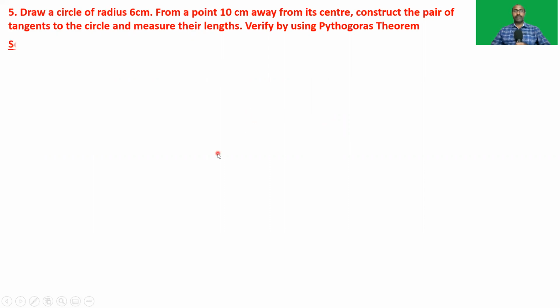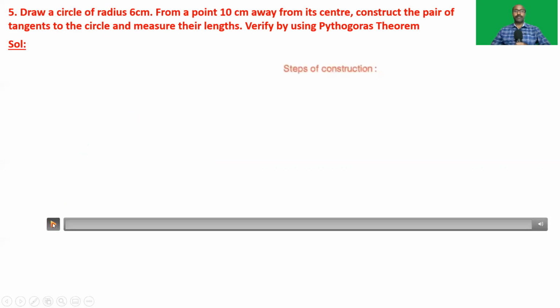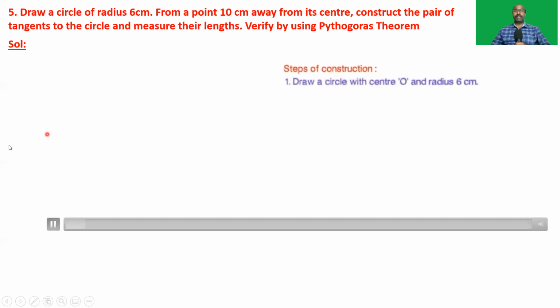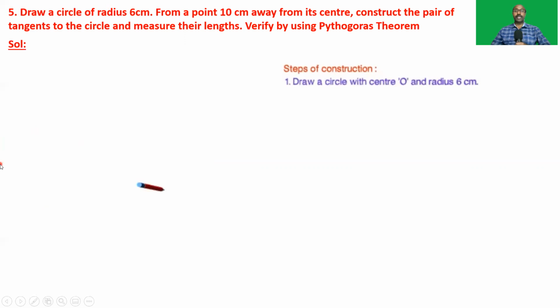Okay, so let us construct the pair of tangents to the circle of radius 6 centimeters. Watch carefully. Here I am presenting the steps of construction on the right side. So first draw a circle with center O and radius 6 centimeters like this.